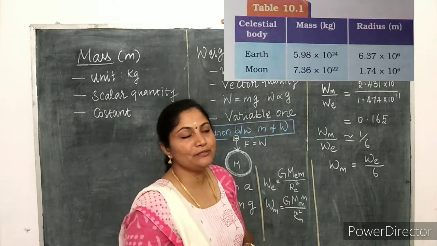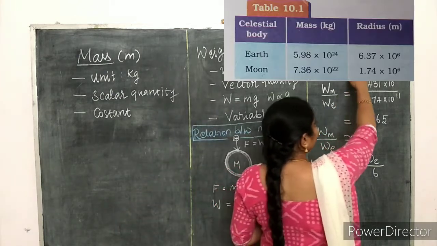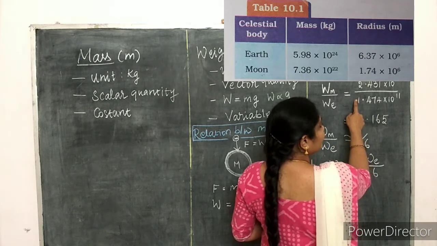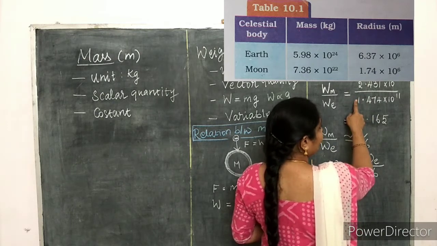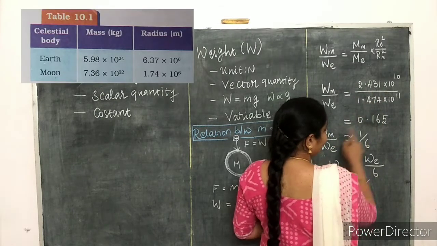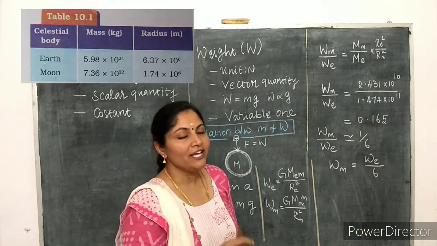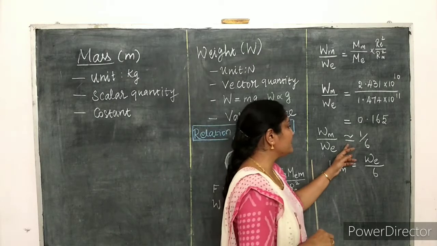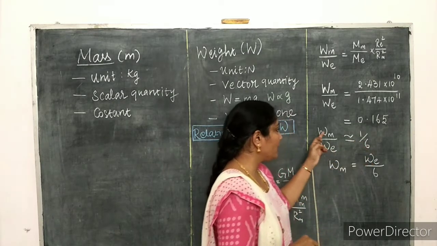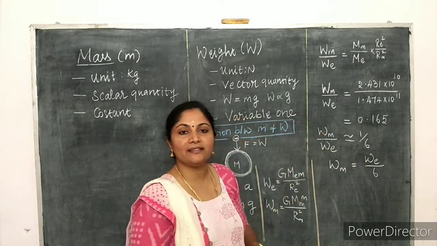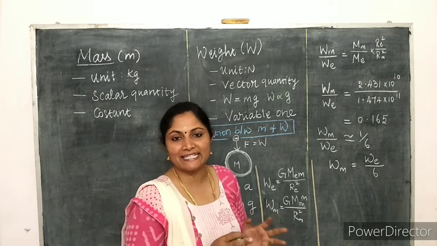Substituting those values in this formula and solving, we get a value like this, that is 0.165. Approximately that can be said to be 1 by 6. So what is Wm by We? That is equal to 1 by 6.